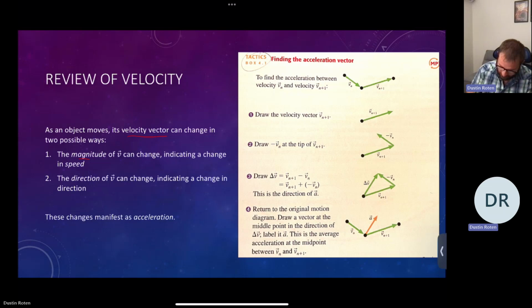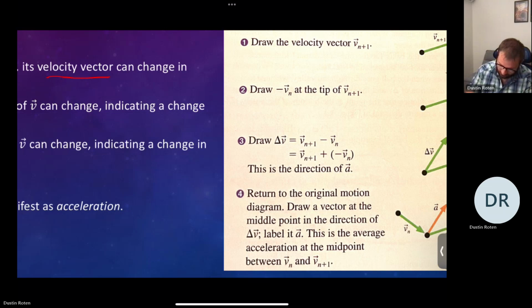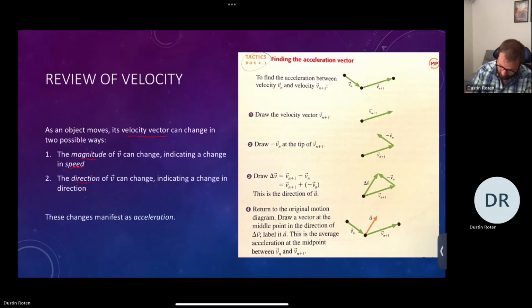The magnitude is your speed. You can also change the direction of the velocity vector. Maybe you're going at the same speed, 5 miles per hour, but then you turn. You're still going 5 miles per hour, but that turn itself is also a change in velocity. So the direction can also change.